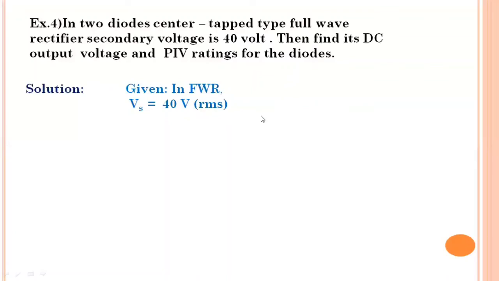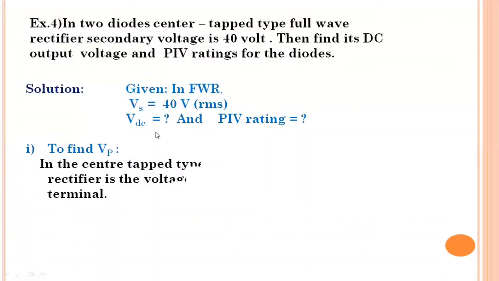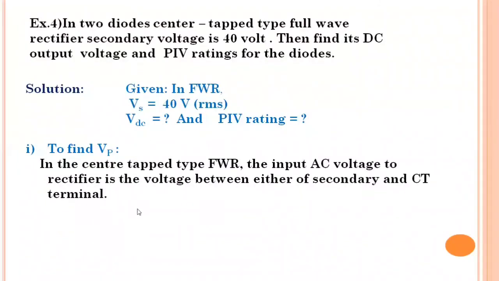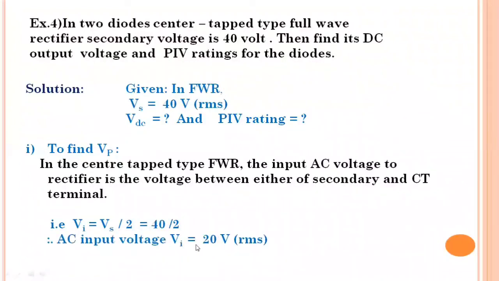Therefore, actual AC input, like the second example you have seen, is the voltage present between either of the secondary terminals and center tap terminal, which means half of the voltage between the 2 secondary terminals. So AC voltage for the input should be assumed as half of secondary voltage, that is 40 upon 2. So just 20 volt is the AC voltage. AC means it is in RMS.